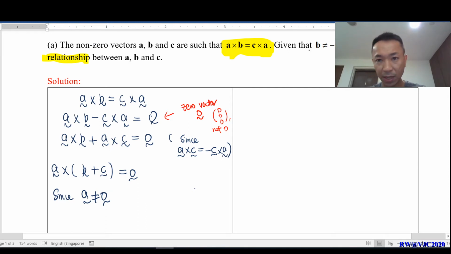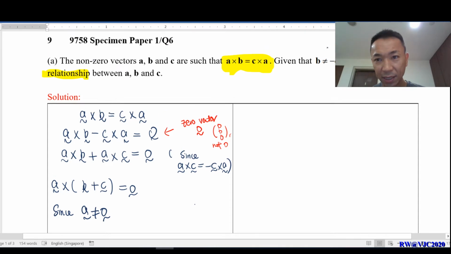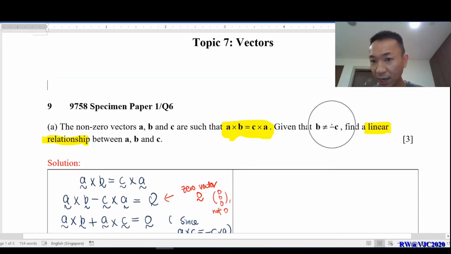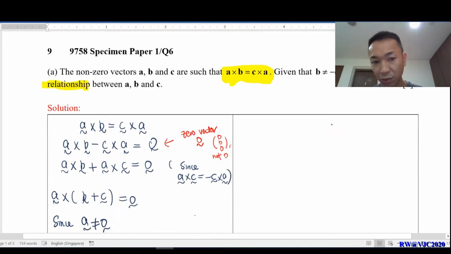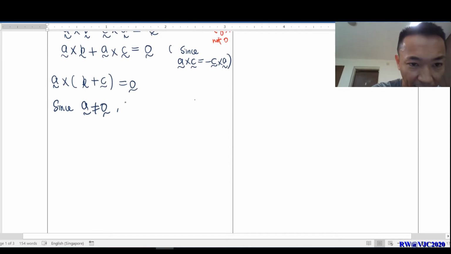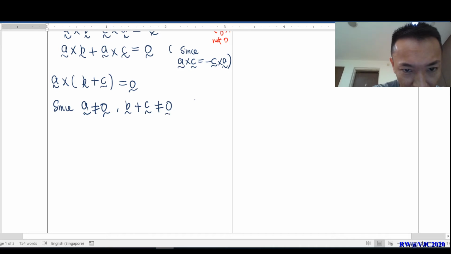Next, look here: B is not equal to minus C. That means B plus C is not equal to 0. So it's also given that B plus C is not equal to 0. Then you are left with only one conclusion, correct? Therefore, A is parallel to B plus C.